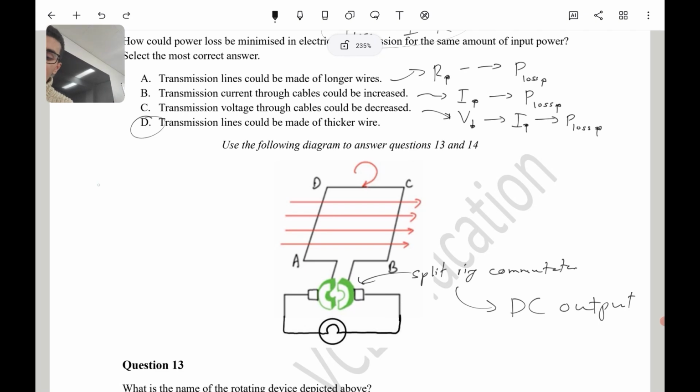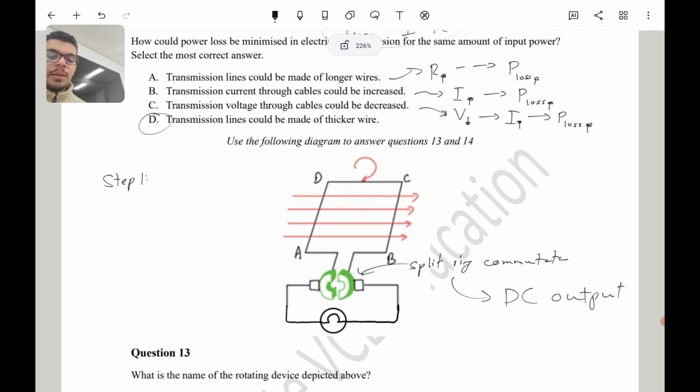So here, for the first step, after giving the definition of Lenz's law, we can say that the initial change in magnetic flux as our coil rotates clockwise would be increasing to the right.